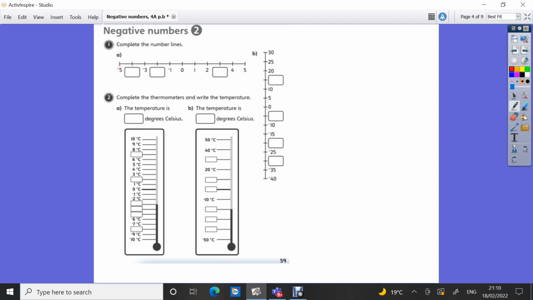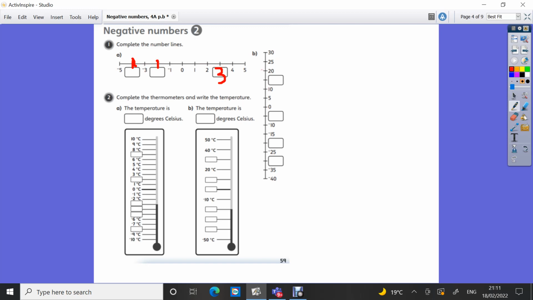This number line starts from -5 to 5. So what comes before -5, and then -3, and then negative what, and then -1, 0, 1, 2, 3. If you count backwards, 3, 2, 1, 0, -1, -2, -3, and -4. You have to write here what number comes in this number line.